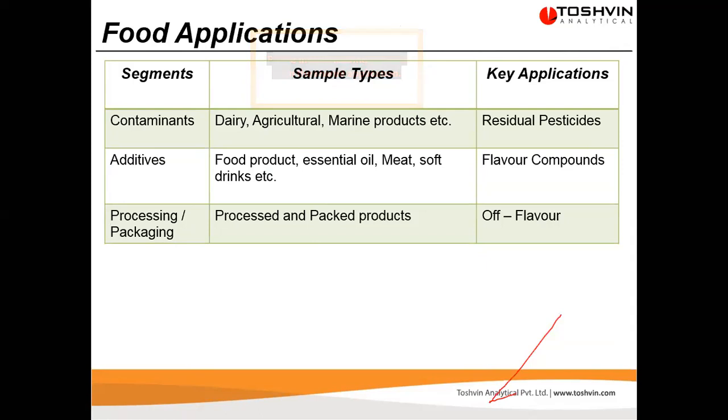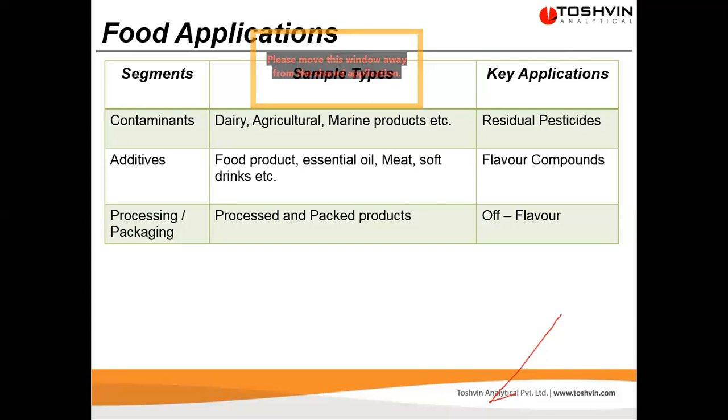About food application, it is divided into three segments: contaminants, additives, and processing and packaging. Under food contaminants, here I have just mentioned three of them: dairy, agriculture, and marine. But if you take agriculture itself, you have vegetables, fruits, and a number of things.